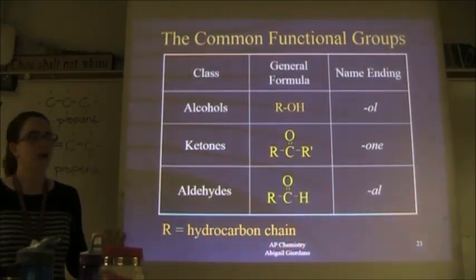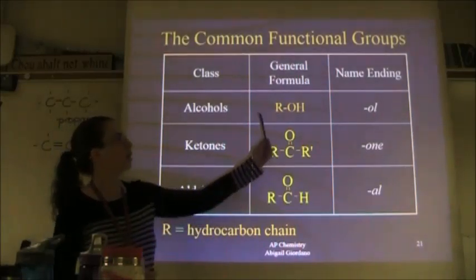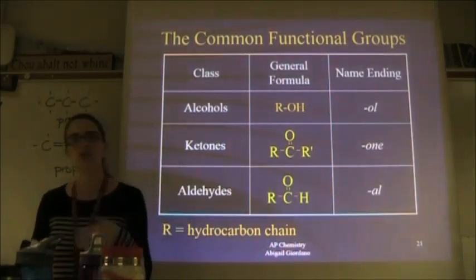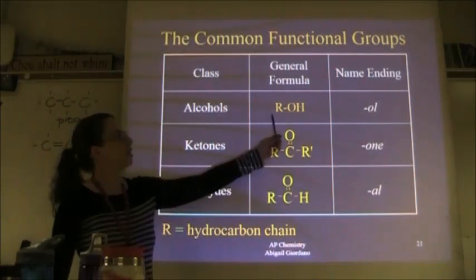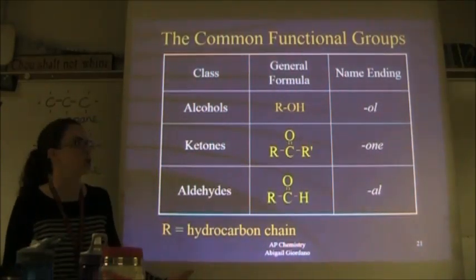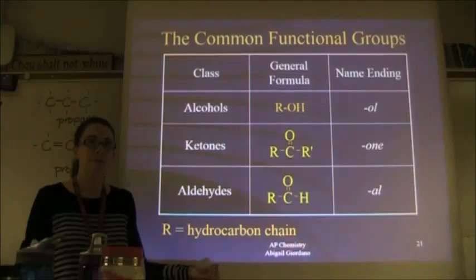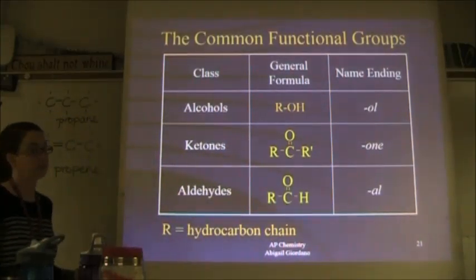Functional groups are similar to substituents. They are things attached to your main chain, but they're not called substituents because these things that are attached change the molecule so much that they get their own category. They're called functional groups.